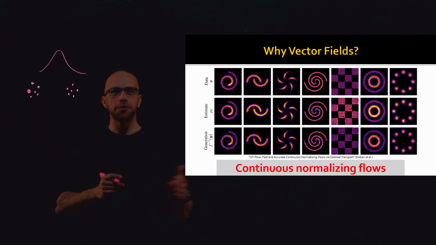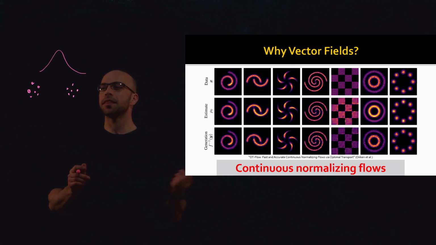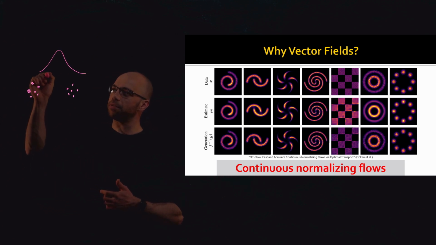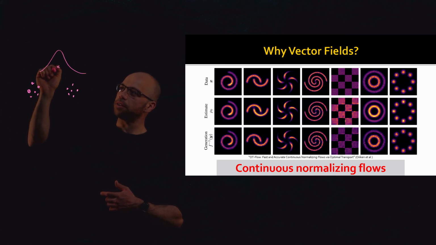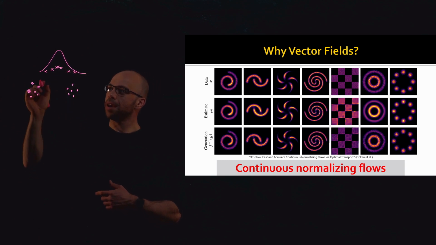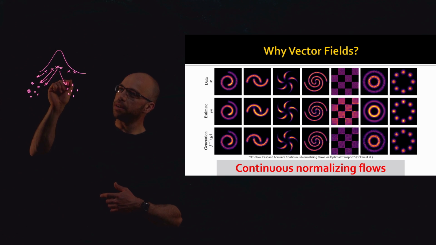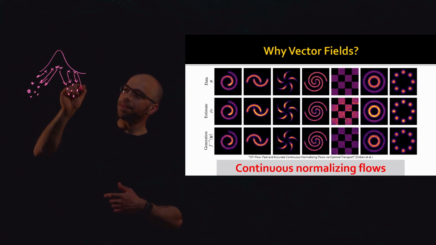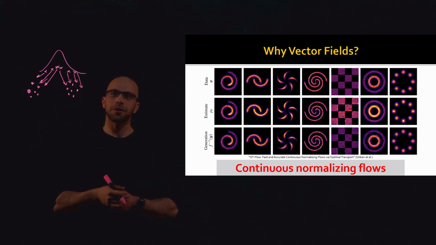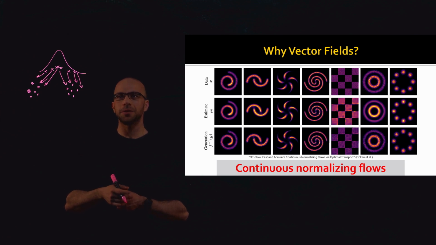So in the continuous normalizing flow universe, one thing you might try to do is parameterize a vector field, where what I'm going to do is draw samples according to this simple Gaussian distribution, like what I'm drawing you here, and then learn a vector field, which is going to take these samples and advect them into positions that are better aligned with the actual data that I observe.